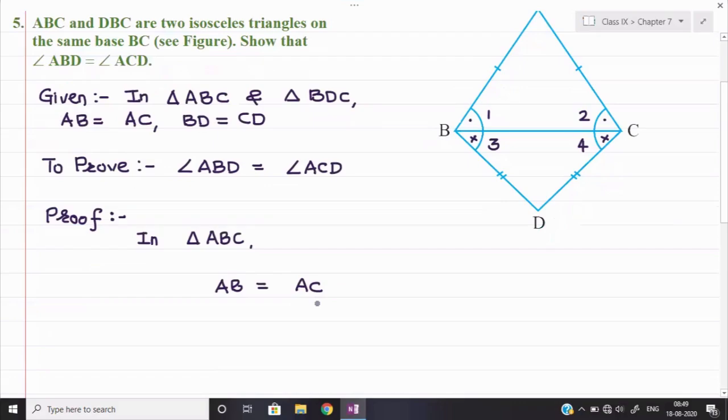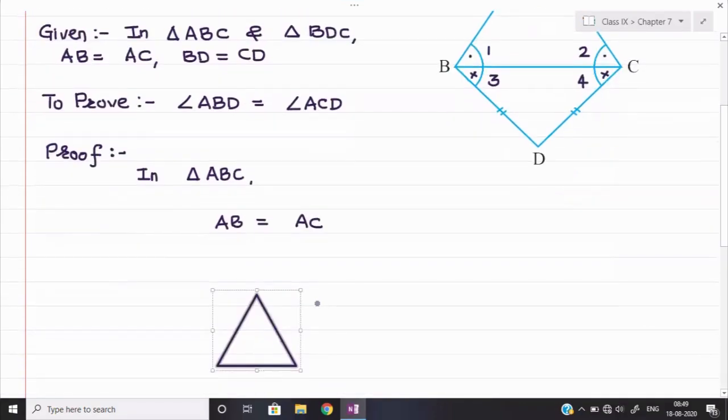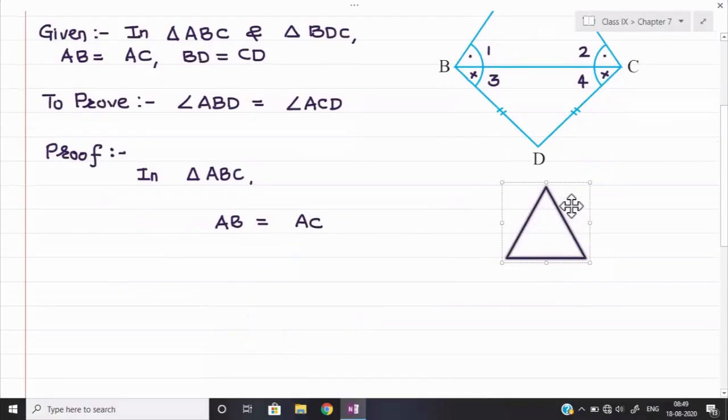Now see, suppose I have one triangle here, and suppose I name this point P, this point Q, and this point R. If I say PQ and PR are equal, suppose in the question we are given that PQ is equal to PR, then what will happen?